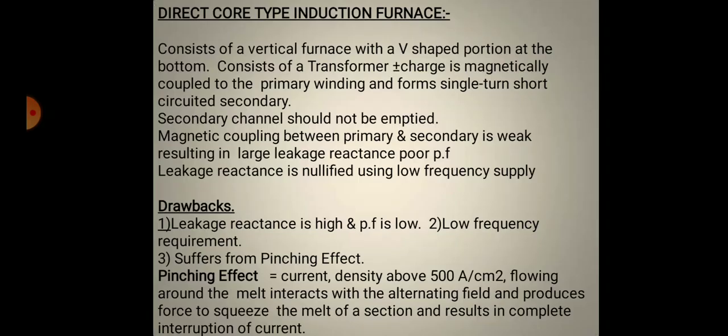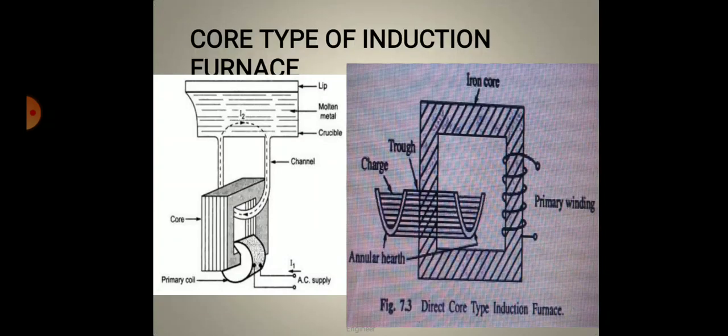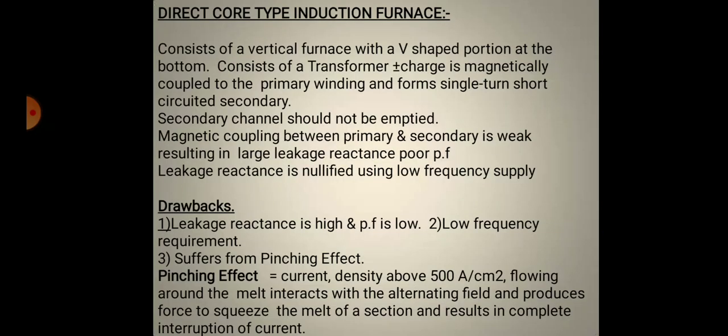The direct core type induction furnace consists of a vertical furnace with a V-shaped portion at the bottom. It consists of a transformer plus charge, magnetically coupled to the primary winding and forming a single-turn short-circuited secondary, as we see in this figure. The secondary channel should not be empty. Magnetic coupling between primary and secondary is weak, resulting in large leakage reactance and poor power factor.